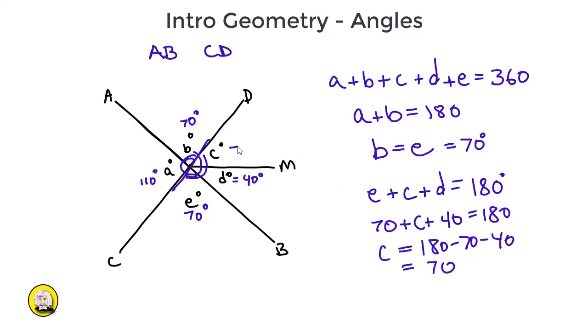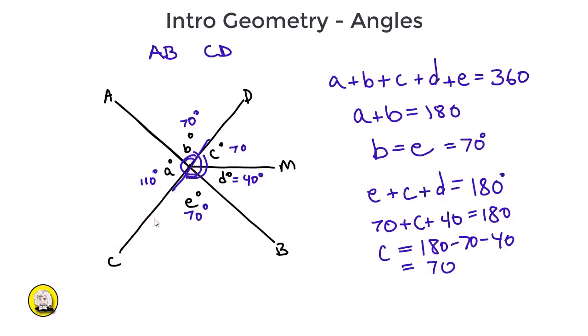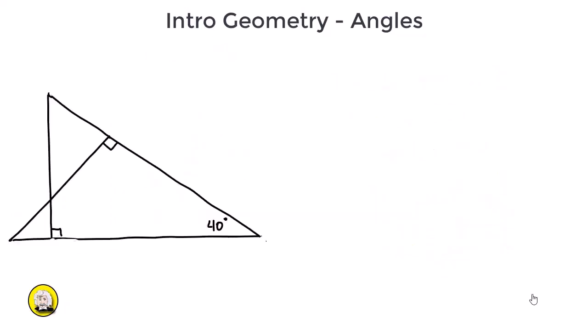So C is also 70 degrees. So we were able to derive all the angles, knowing supplementary angles, opposing vertical angles, and angles around an entire circle are 360 degrees. Suppose we had the following diagram.